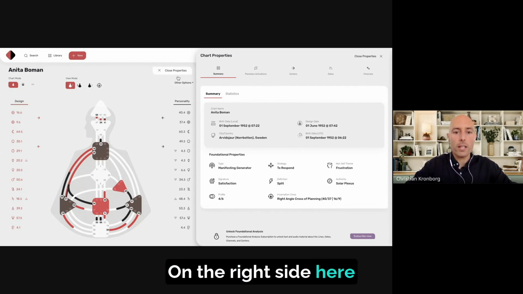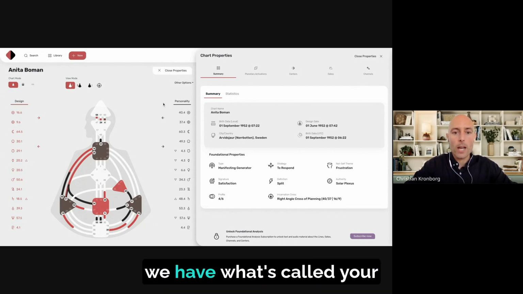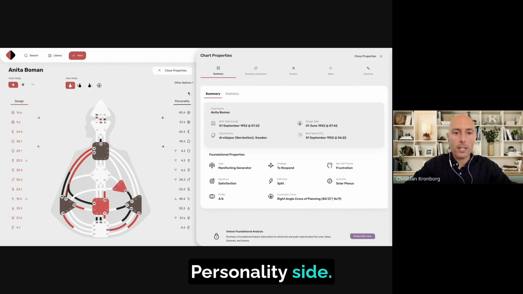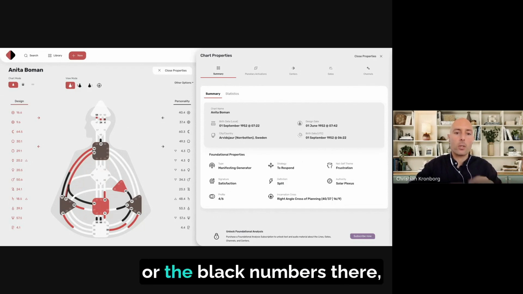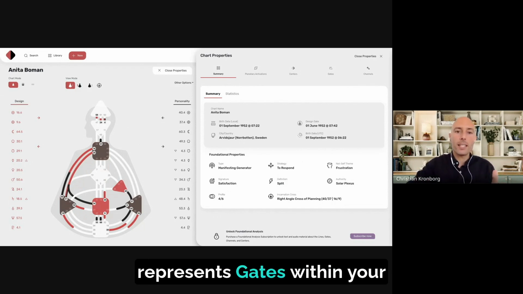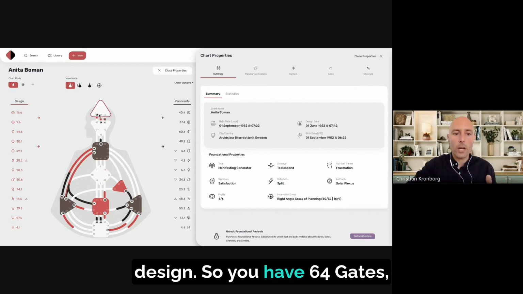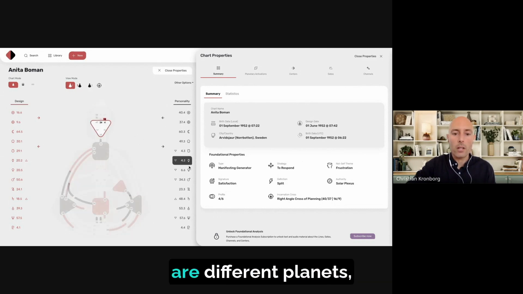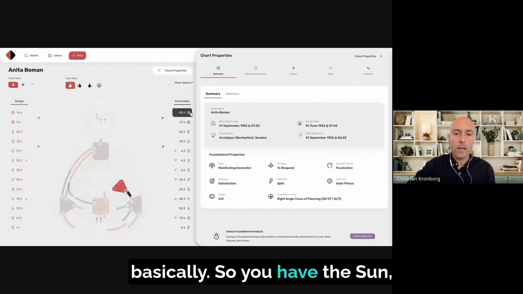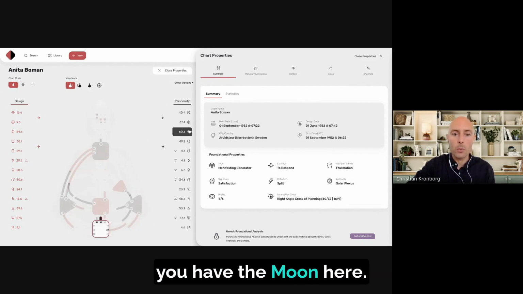On the right side here, we have what's called your personality side. And the personality side, or the black numbers there, represents gates within your design. So you have 64 gates, and the different symbols here are different planets, basically. So you have the sun, the earth, the moon here.